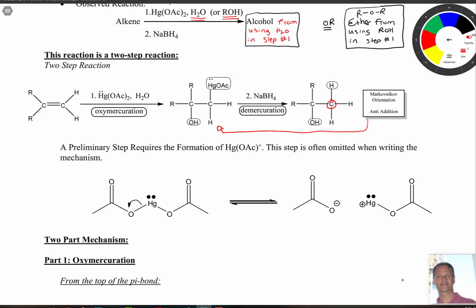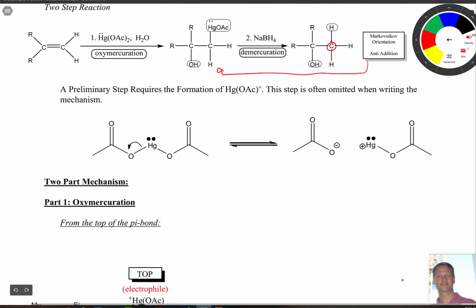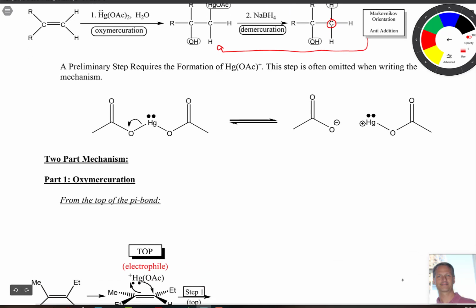There's a preliminary step down here below. Let's look at the mechanism, and let's look first, before we jump into that, at the preliminary step. So here's your Hg, and these guys are your OAcs. We've got 2 of those.